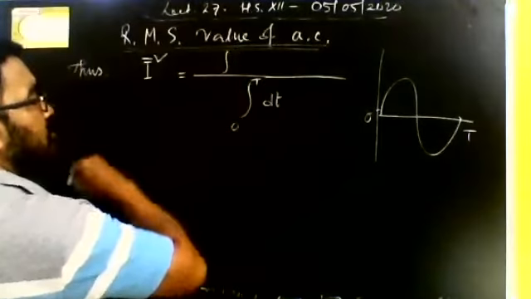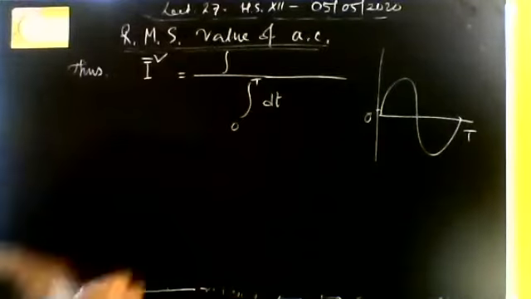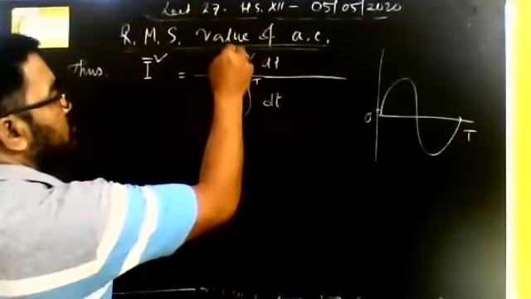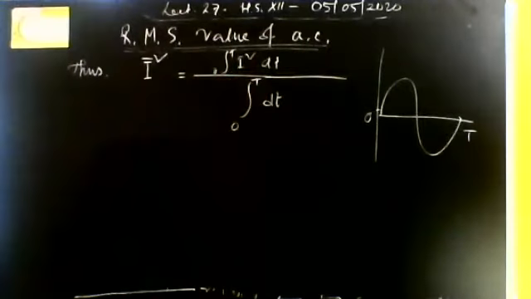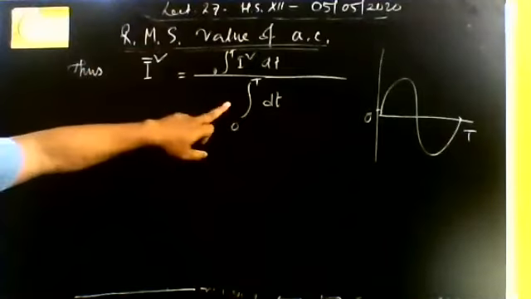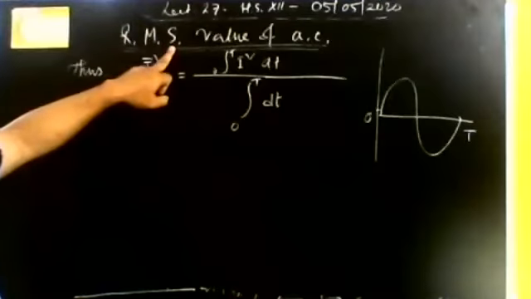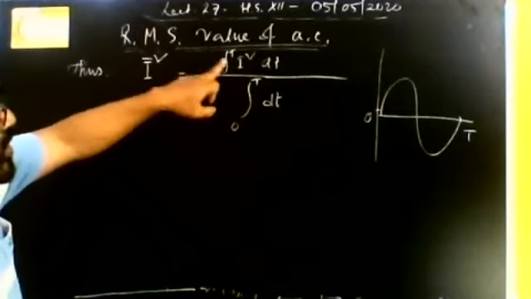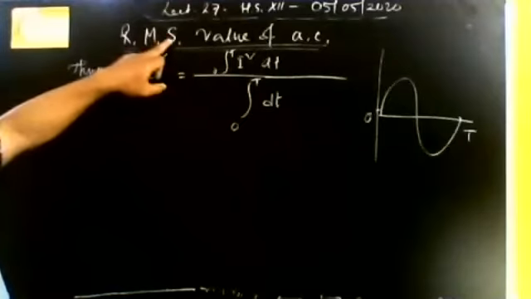So again you have to take the mean of the squares, I square dt, so 0 to T, I square dt, right? Because you are taking mean of the squares, when you divide by the total time, it is the mean of the squares. So when you divide by the total time, then it becomes mean, and I is squared.